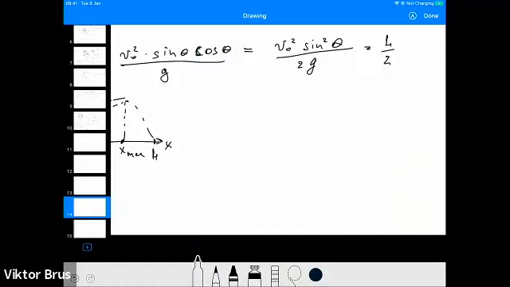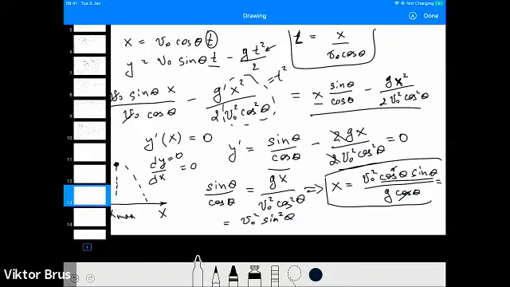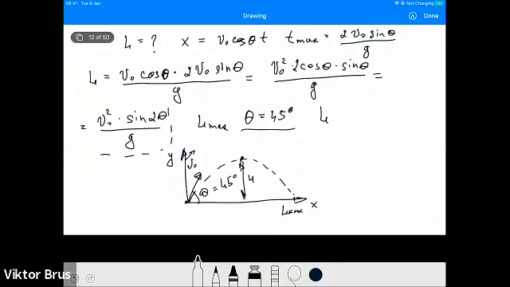That is true, but let's come back to this equation. v squared sine 2 theta.